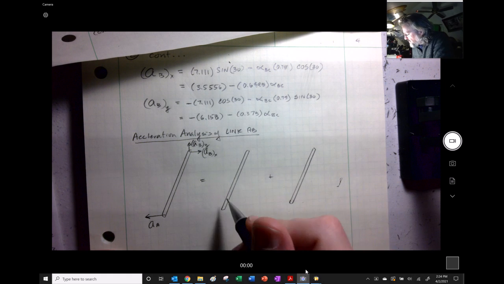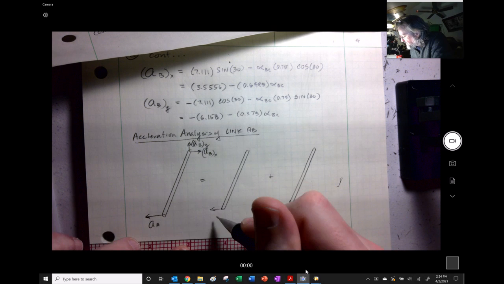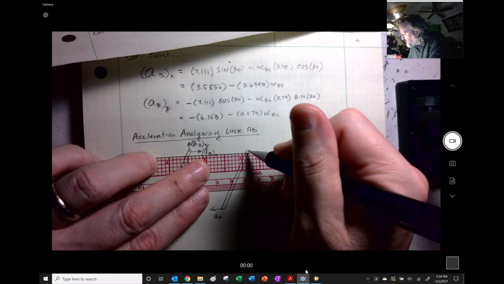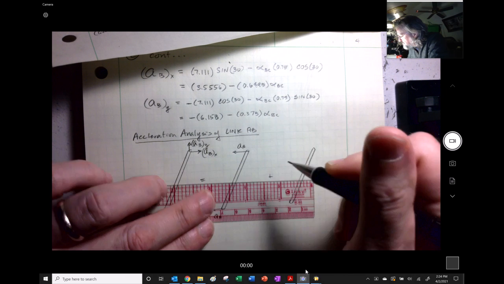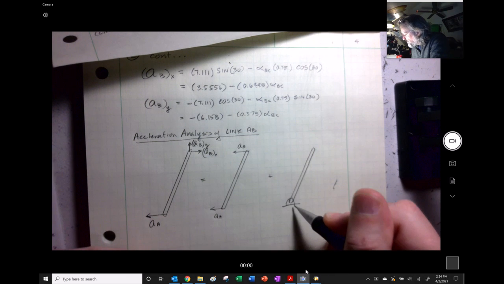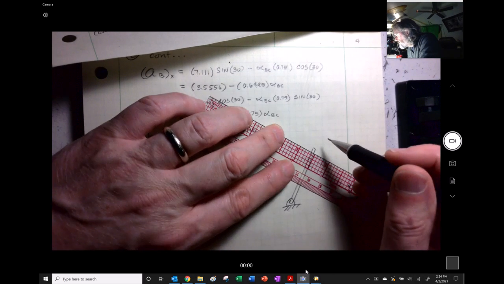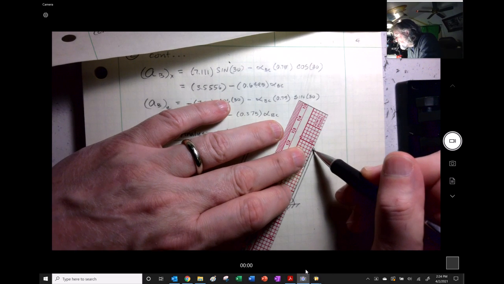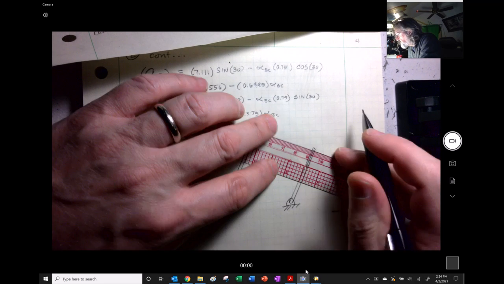Okay, so we're going to apply this known. It's the simplest thing. Put it right here at both of them. And since we did that, we'll pin it right here. And here's one that we know: there's an acceleration in the normal direction coming down this way.